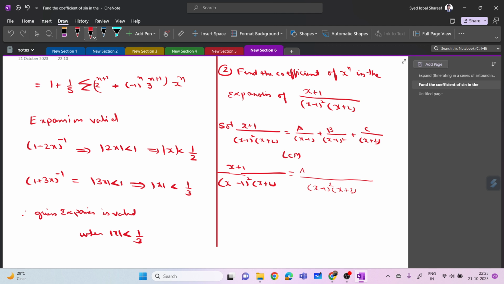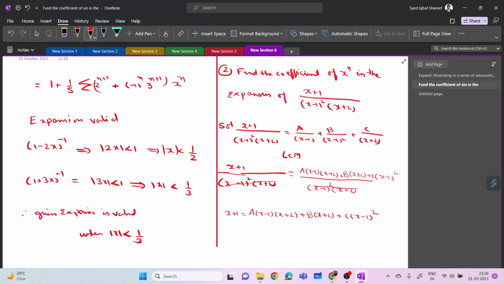So this is a of x minus 1, x plus 2; b of x minus 1 whole square is gone, so x plus 2; c of x plus 2 is gone, x minus 1 whole square. If you want all the types of these expansions, I have done one more video. You can go for that. But here, x plus 1 equals a of x minus 1, x plus 2, plus b of x plus 2, plus c of x minus 1 whole square, we got.